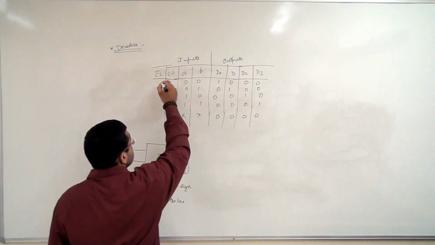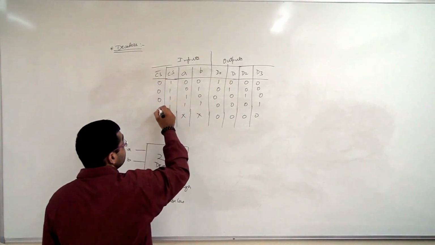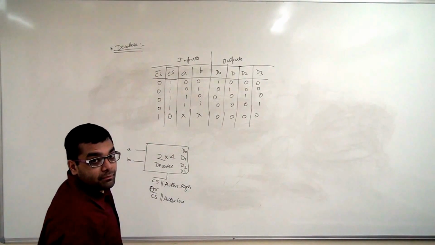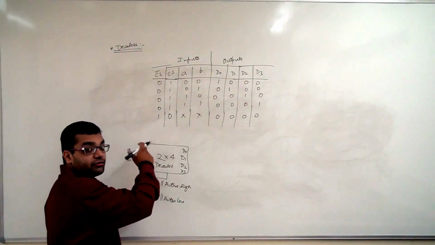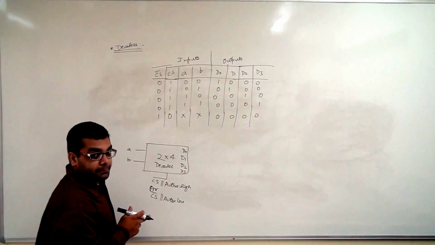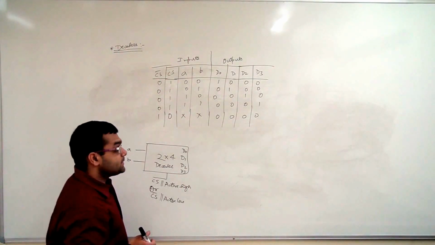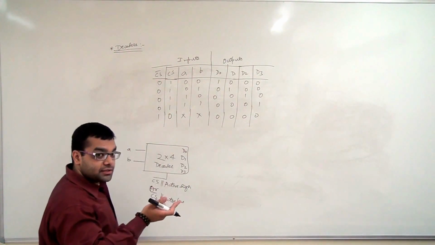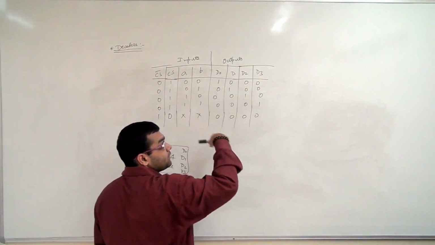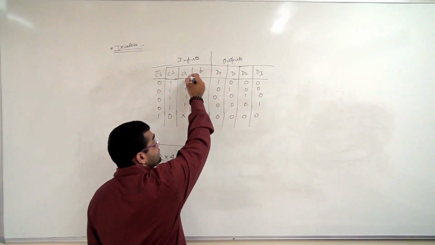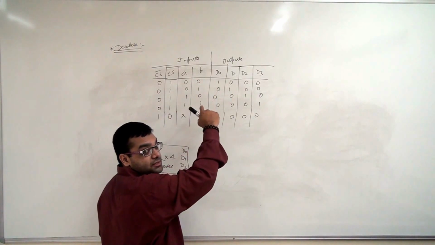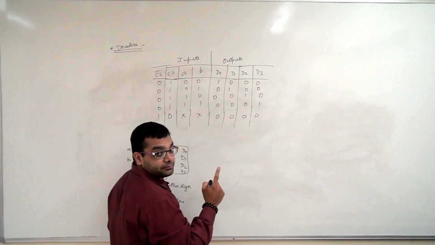Alright, now this is active low configuration, so it will be working in the reverse order. Alright, so this is how the circuit works. Now another way of writing this is, suppose this is 0, 0, that means D0 is same as A bar B bar.